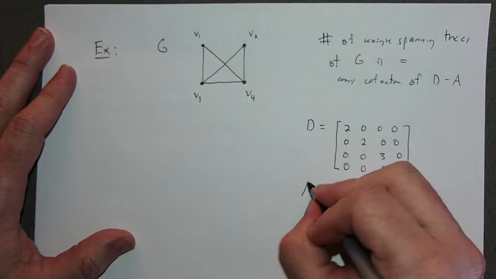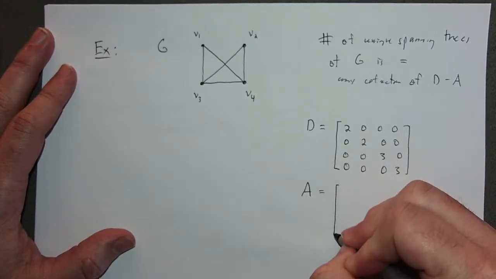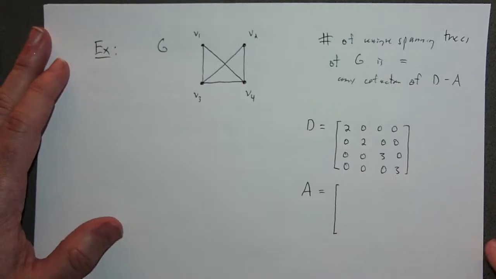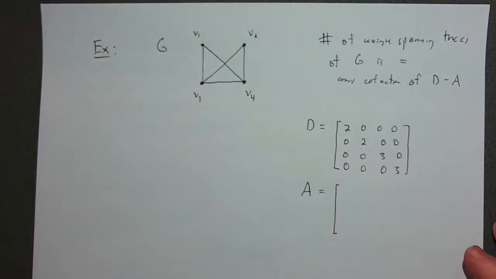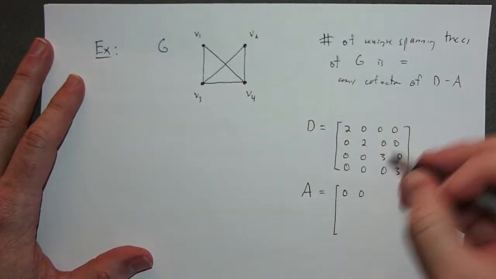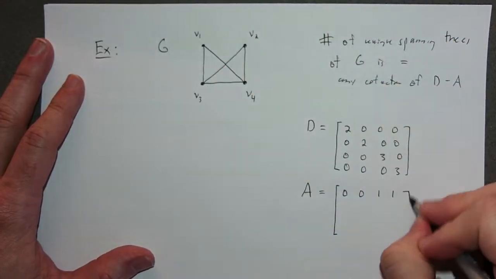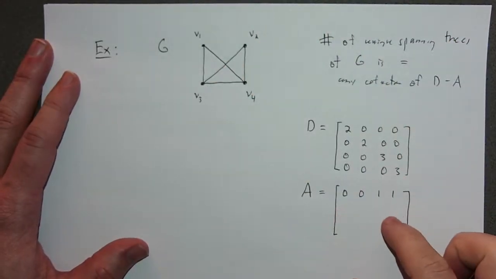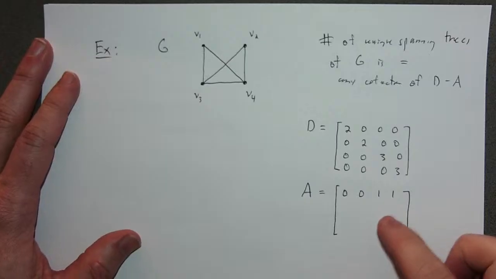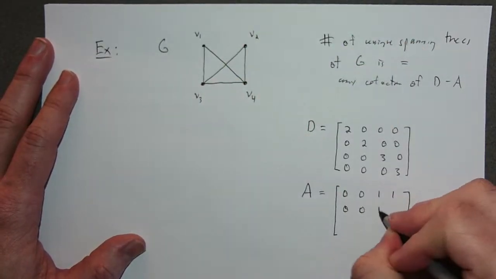The adjacency matrix of G is what? So the adjacency matrix, I have 0. V1 is not adjacent to V2, so 0. V1 is adjacent to V3 and V4, so 1, 1. In the second row, V2 is only adjacent to V3 and V4 as well, so this is 0, 0, 1, 1.